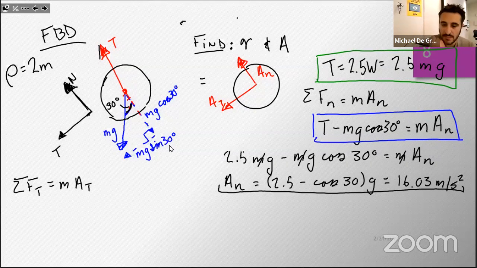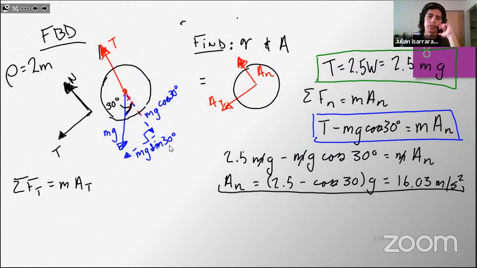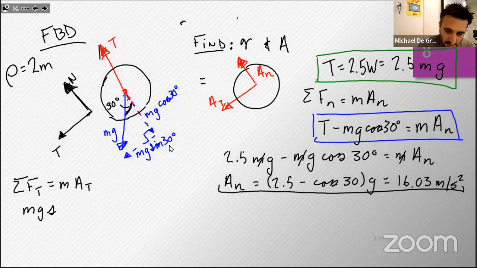What are my forces in the tangential direction here? mg sine 30. There it is, right? mg sine of 30 degrees is the only force, so that's equal to the mass times the acceleration in the tangential direction.